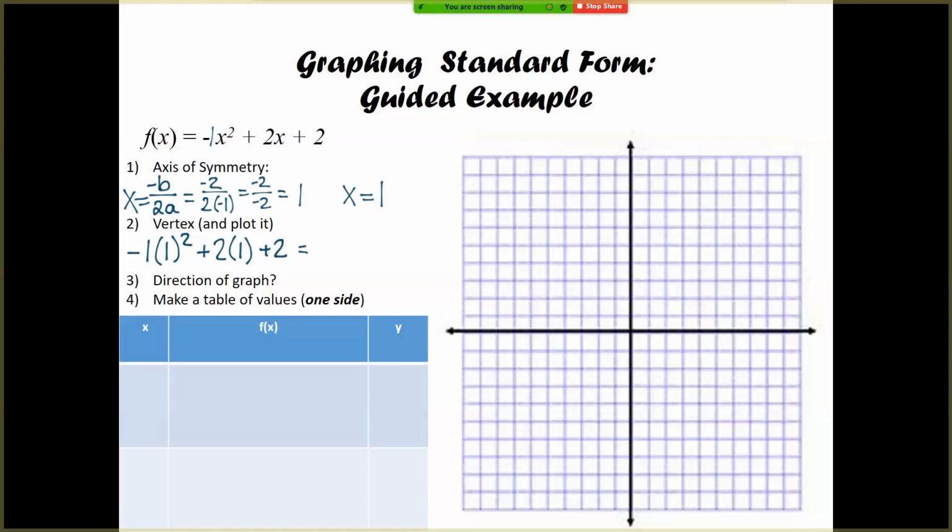So after typing that in my calculator, I get a value of 3, which tells me my vertex is at the ordered pair 1, 3.